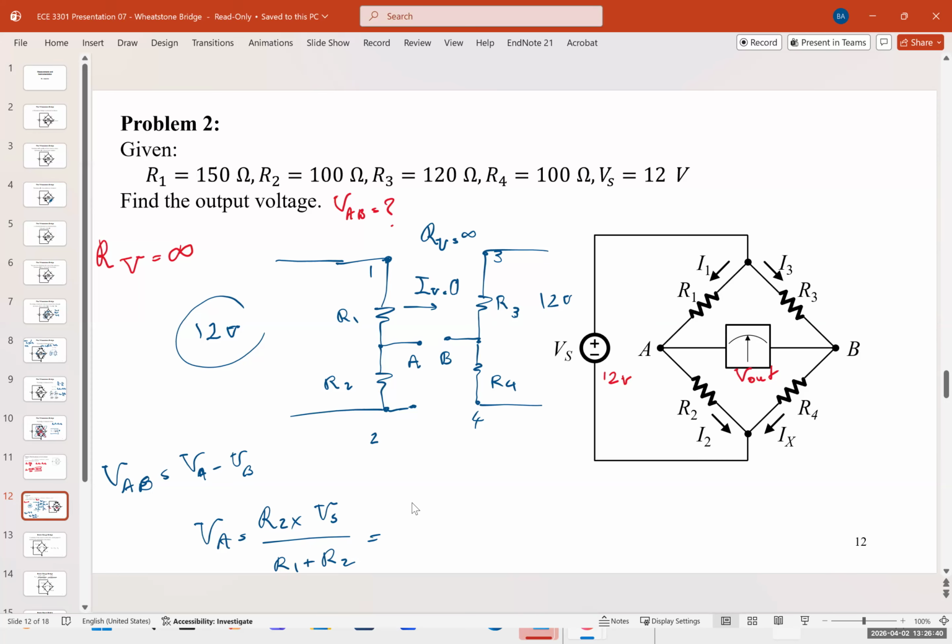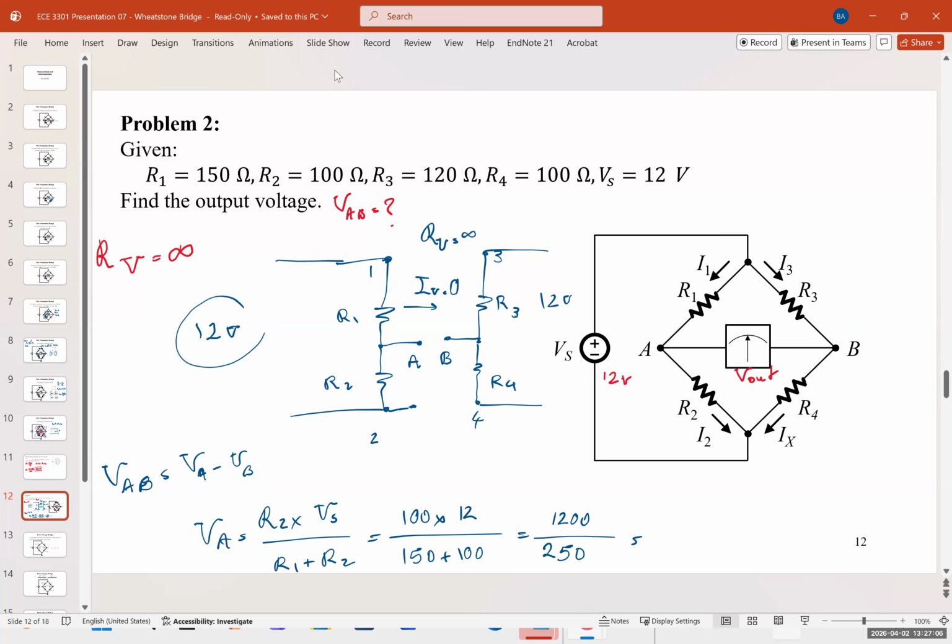Yes. What is R2? 100. What is VS? 12. And R1 plus R2 is 150 plus 100, which is 250. So it's 1200 over 250. What is 1200 over 250?